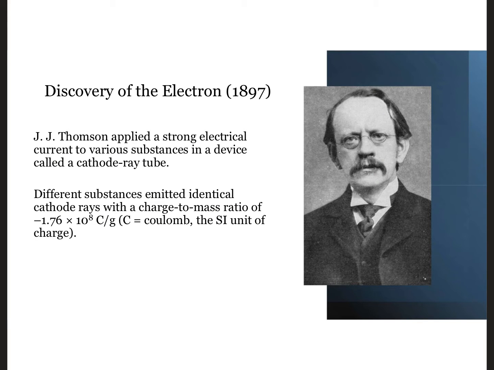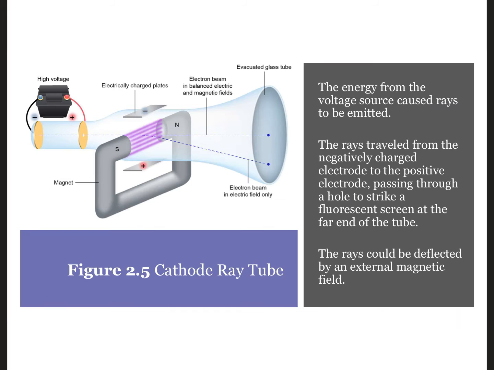J.J. Thomson applied a strong electrical current to various substances in a device called a cathode ray tube. Different substances emitted identical cathode rays with a charge-to-mass ratio of negative 1.76 times 10 to the 8th coulombs per gram, where 1 coulomb is the SI unit of charge.